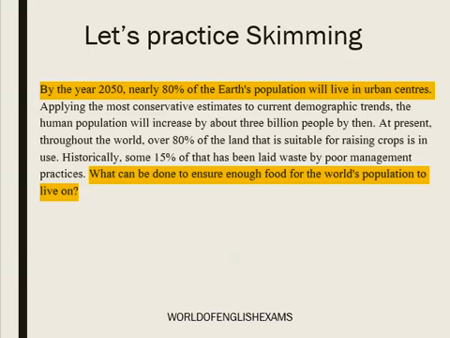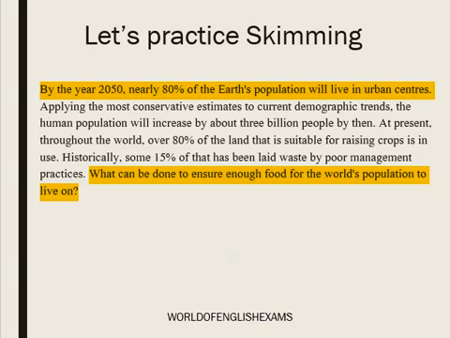As you can clearly see, because I am skimming, I have highlighted the first sentence and the last sentence. Now let's read and try to gauge the meaning of what is contained in this passage. By the year 2050, nearly 80% of the Earth's population will live in urban centers. Okay, so the writer is giving us a prediction.